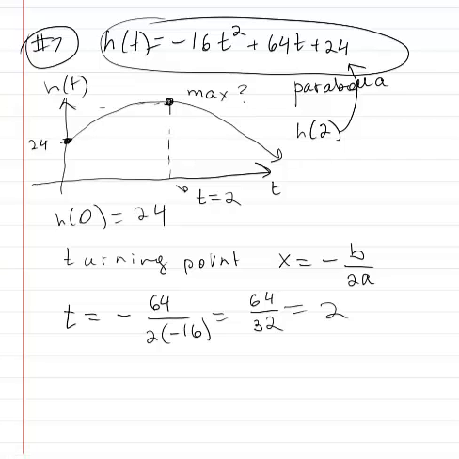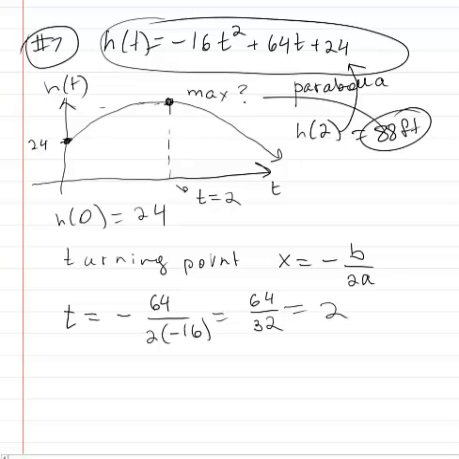Minus 16 times 2 squared plus 64 times 2 plus 24 equals 88. 88 feet, and that corresponds exactly to that location, and 2 corresponds to the time when that happens. Okay, so the answer is choice A.